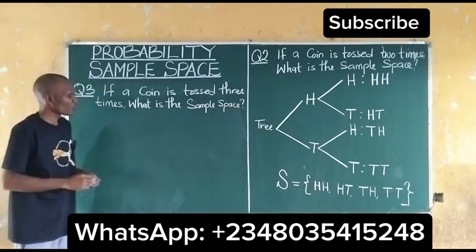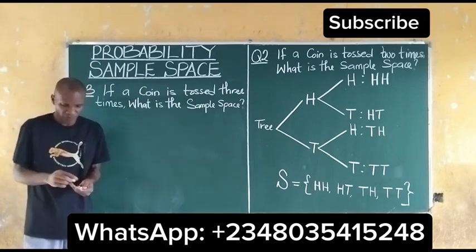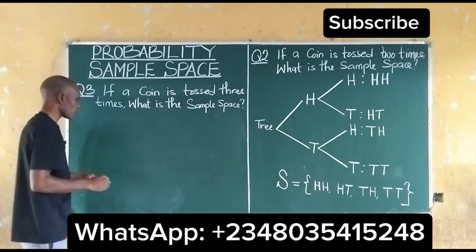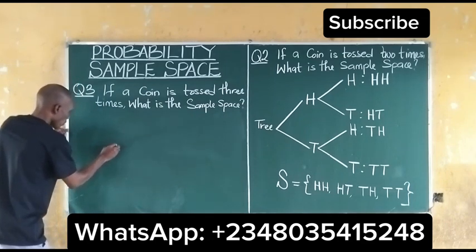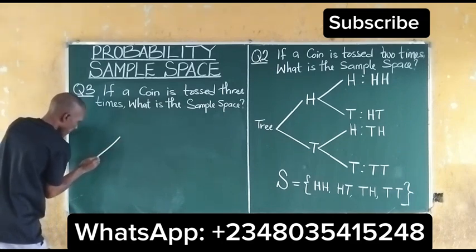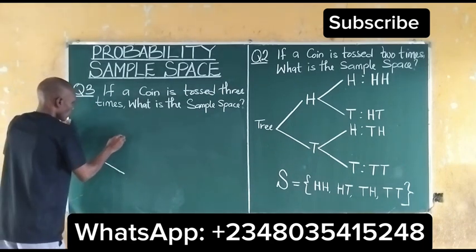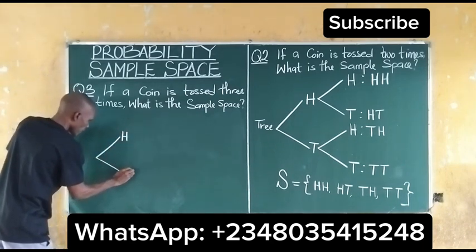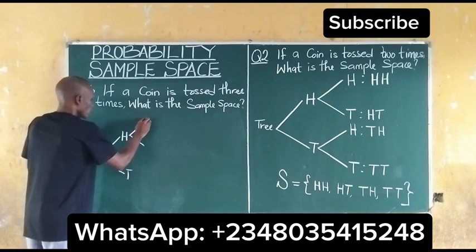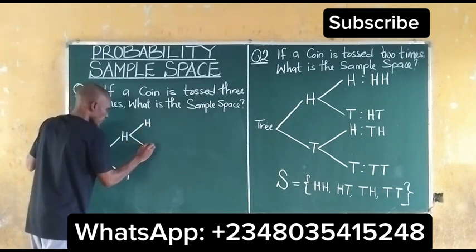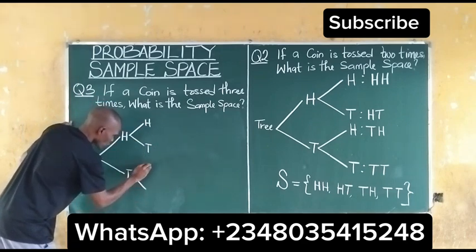With this, you can also understand how the tree diagram works. So what is the sample space? For the first tree, we have head, tail. We have the second tree to be head, tail, and another second tree to be head, tail.